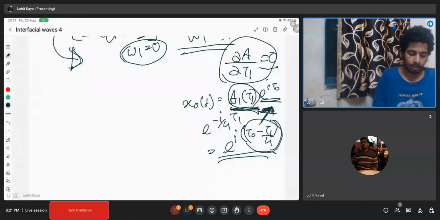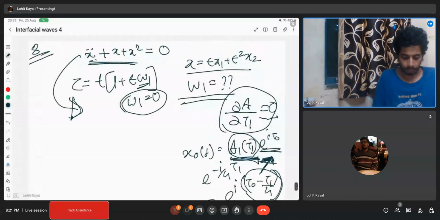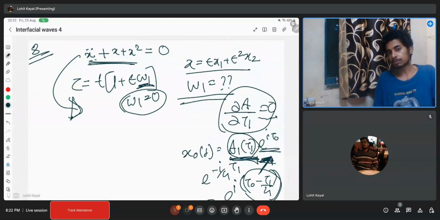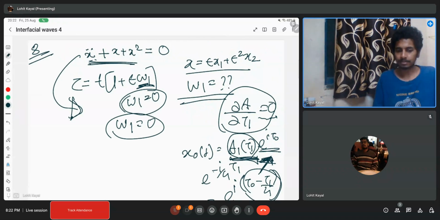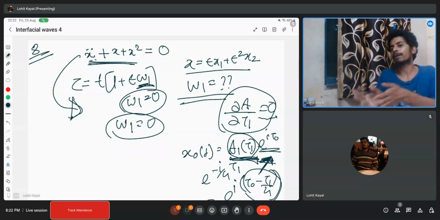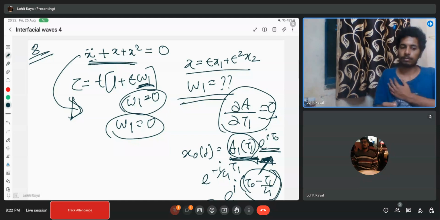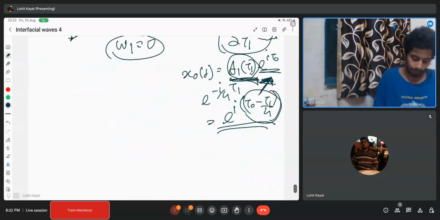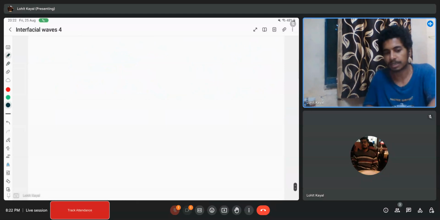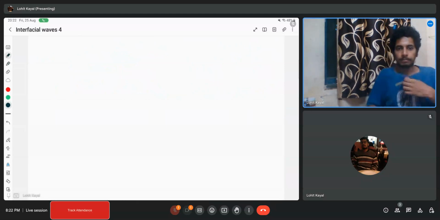The frequency modification term is omega 1. So if your frequency doesn't get modified, then omega 1 should be 0. This is only the logical explanation, right? From this you can map the Lindstedt-Poincare technique and the multiple scale technique for the implicit problem. But I will anyway solve this problem completely using the Lindstedt-Poincare technique.